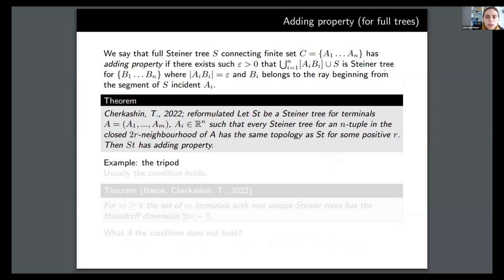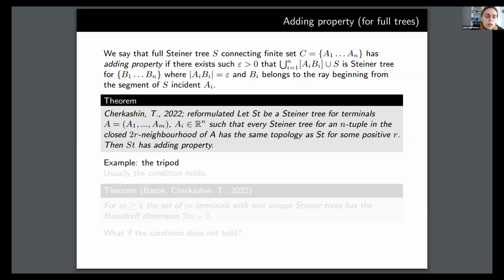And there is one more thing that is interesting to say about full trees. Let's consider a full tree. If there exists a small epsilon such that we can prolong every segment by a small segment with length epsilon, such that the new set is also a Steiner tree, then we say that the given tree has the adding property.